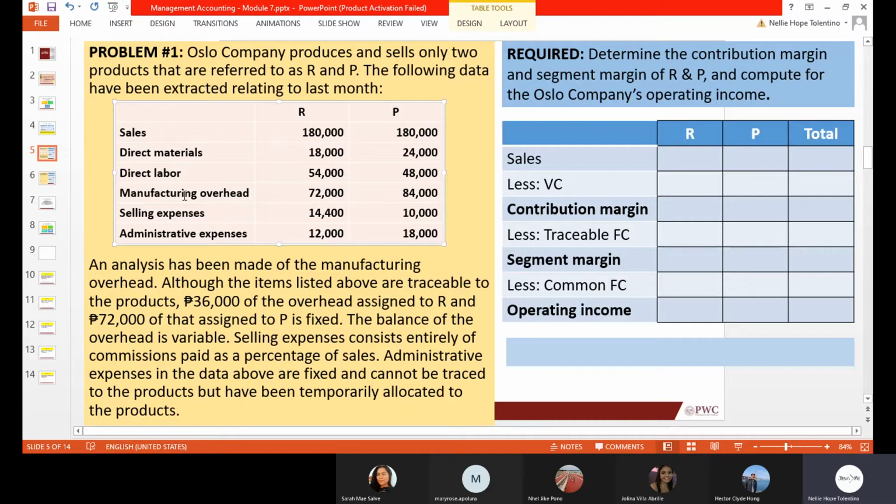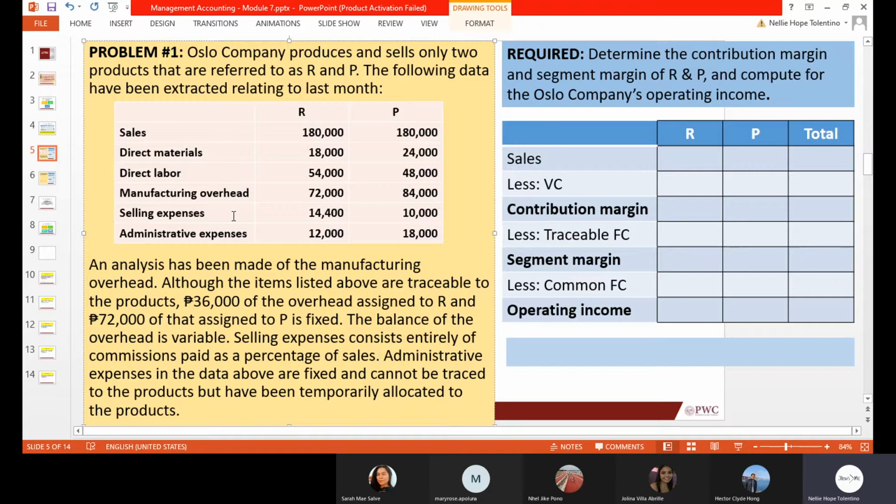Selling expenses, so dito sa manufacturing overhead, alam na natin na may portion na fixed and may portion na variable. Iko-compute na lang natin mamaya. How about selling expenses? Let's see if this is variable or fixed. Selling expenses consist entirely of commissions paid as a percentage of sales. So what do you think?